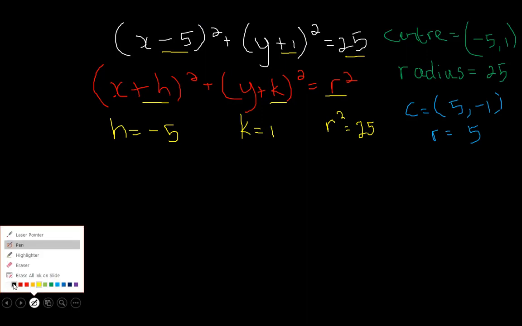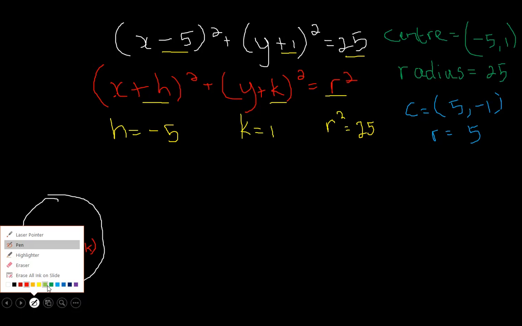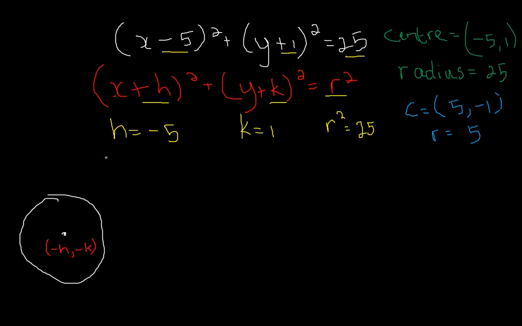However, we said the center of the circle is not h, k, it's minus h, minus k. So if h is equal to -5, what's the value of -h? 5.